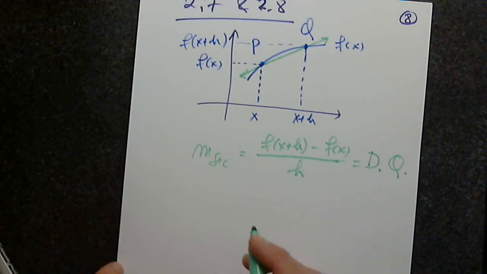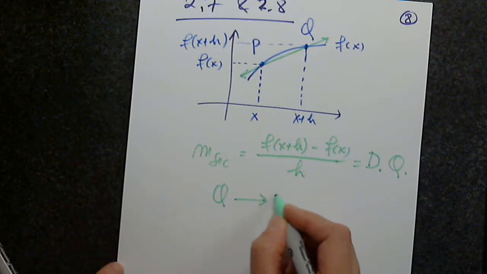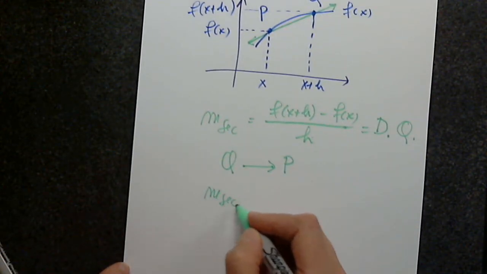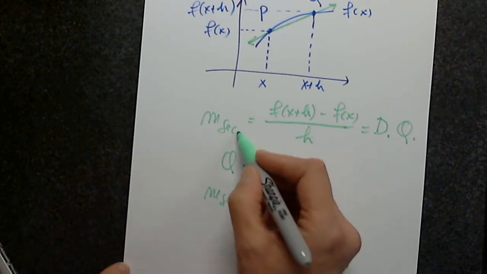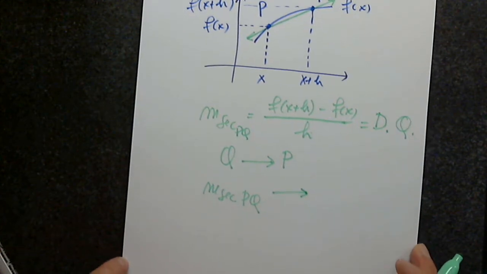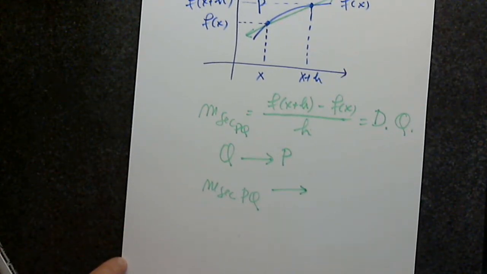And then we said that if Q gets closer to P, the slope of the secant line PQ approaches. Nothing new so far. I'm just refreshing your memory on what we've done so far.